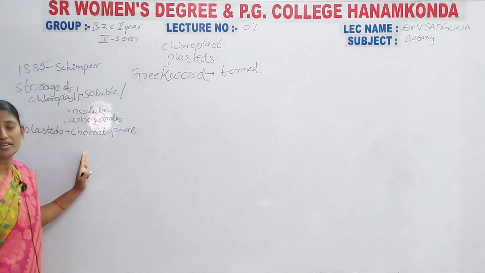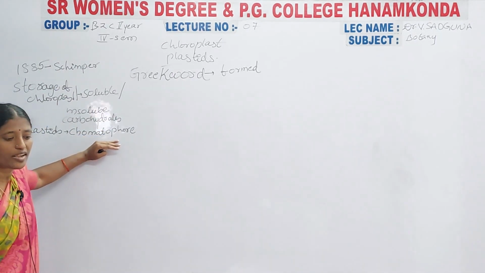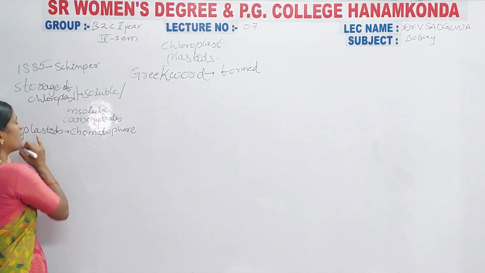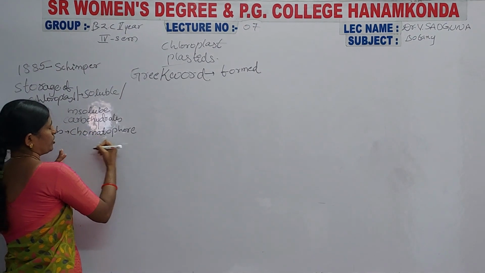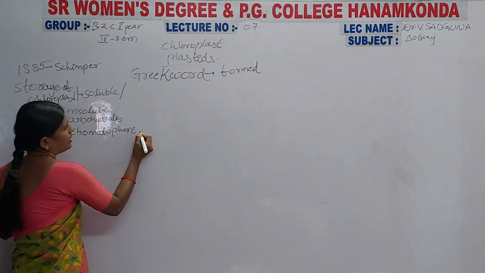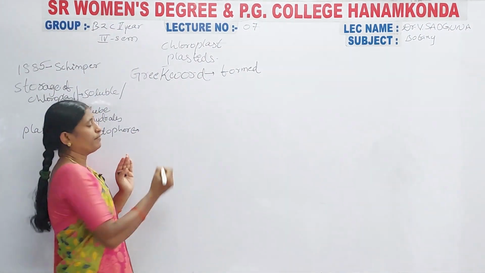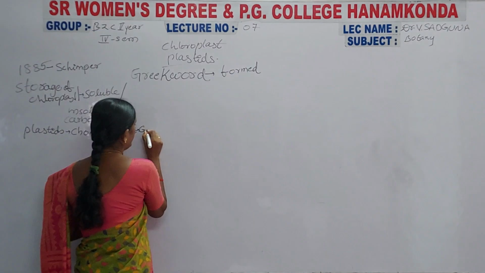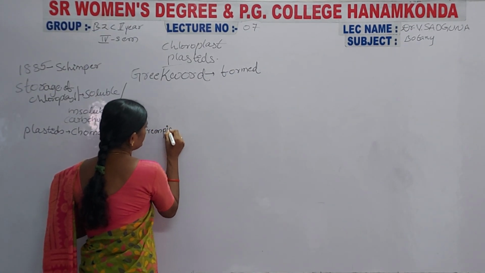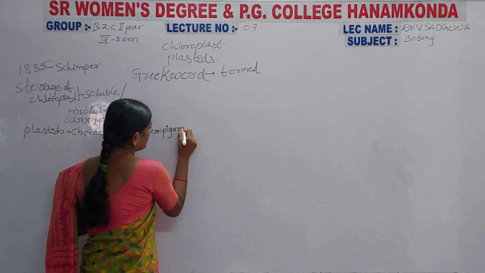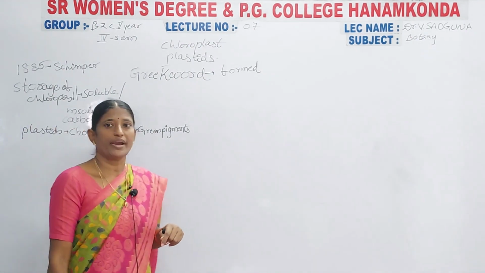Chromo, as we already know, means color, and phore refers to the pigment. So the plastids are mentioned as having chromatophores. The chromatophores are known as green pigments.